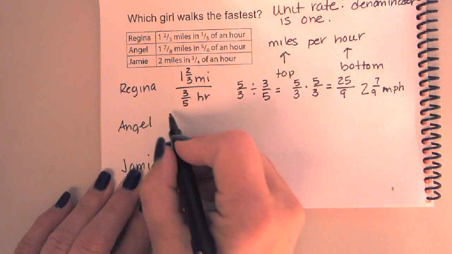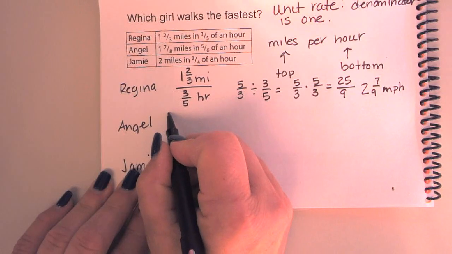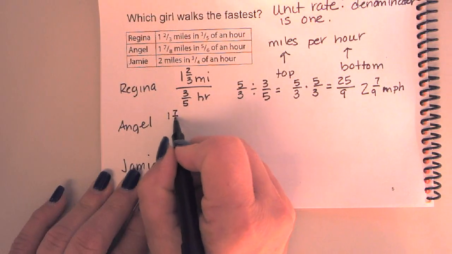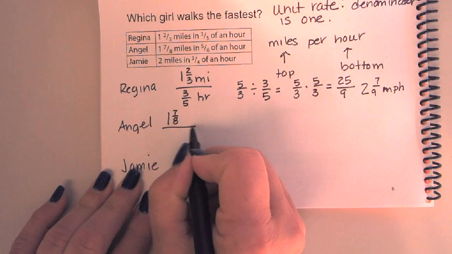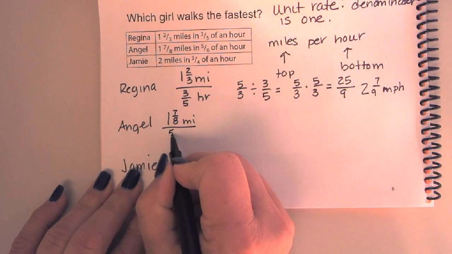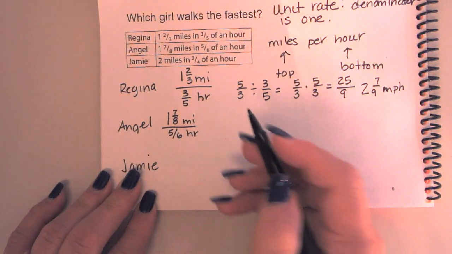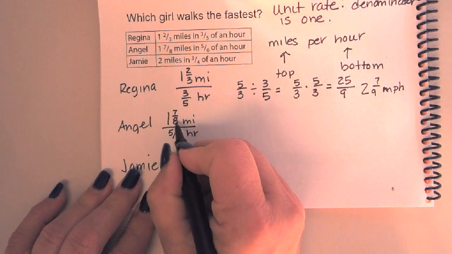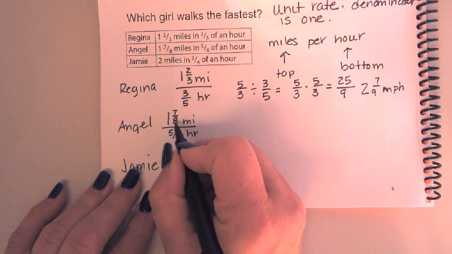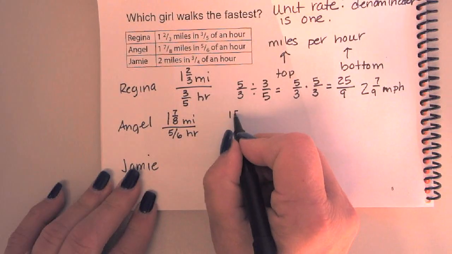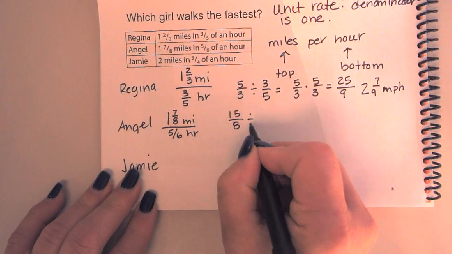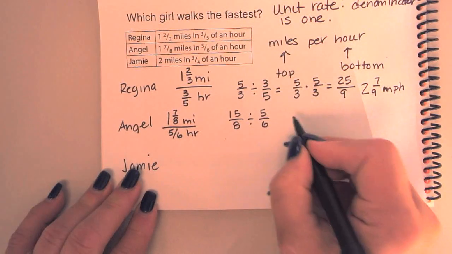All right, for Angel. She walked 1 7/8 miles in 5/6 of an hour, and you can abbreviate all of your units. So I'm going to turn this into an improper fraction, and that's going to give me 8 plus 7, which is 15/8, divided by 5/6.